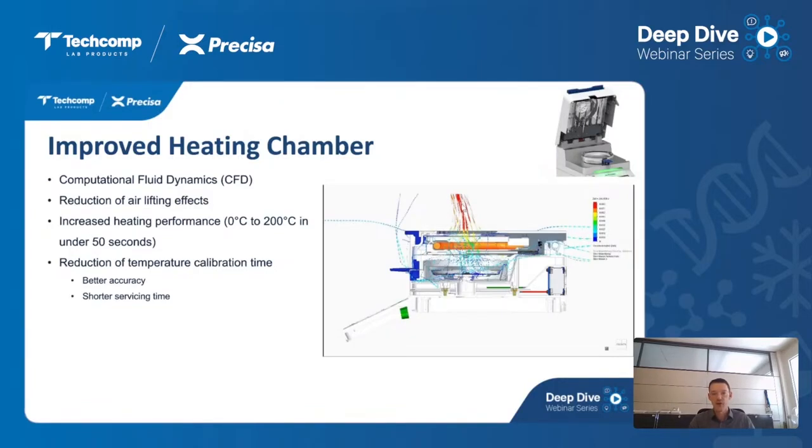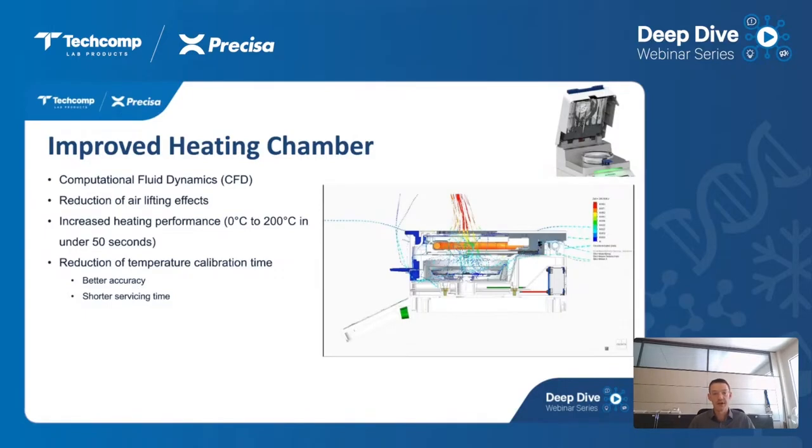Here on the top, we have overpressure, which results down there in underpressure, causing airlifting effects. Thanks to the ideal form and shape of this heating chamber, these airlifting effects can be reduced dramatically, which has a positive influence on the performance.